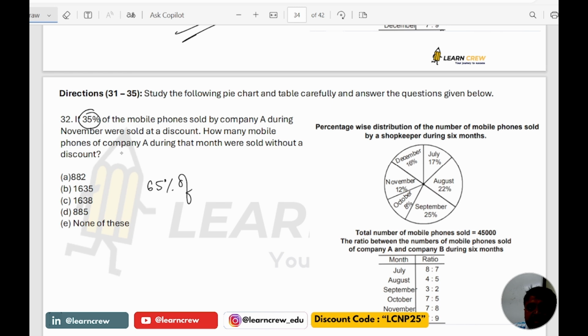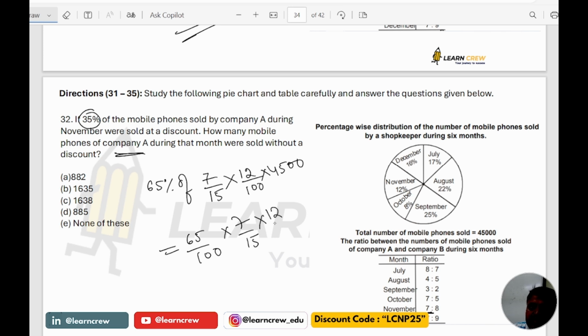So for company A during November, it is 7 by 15 of November, which is 12% of 45,000. So 65% of 7 by 15 of 12 by 100 of 45,000.